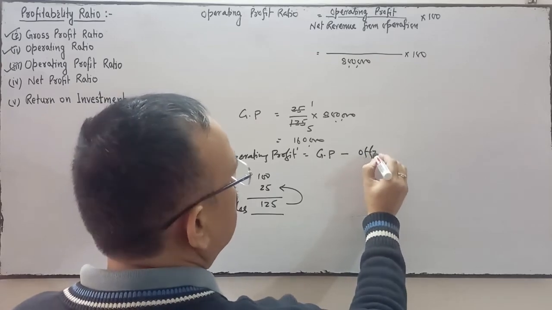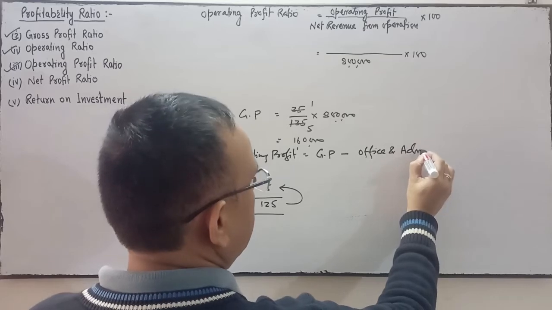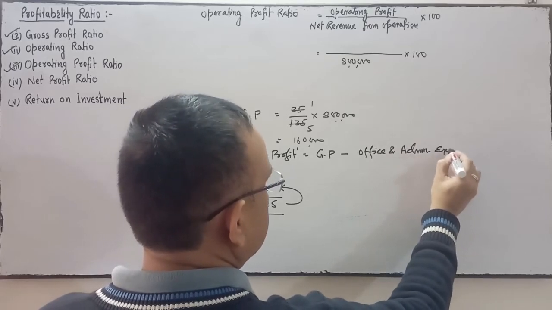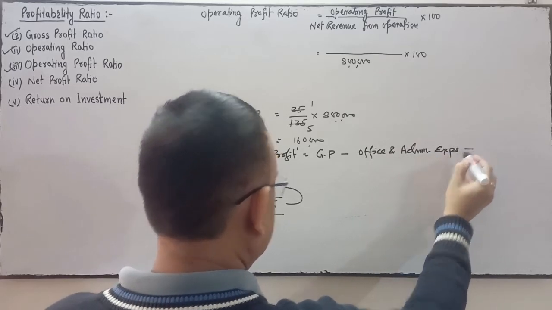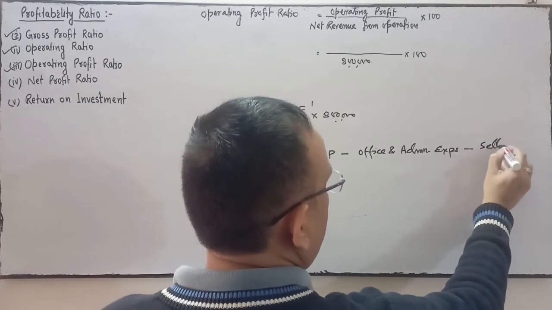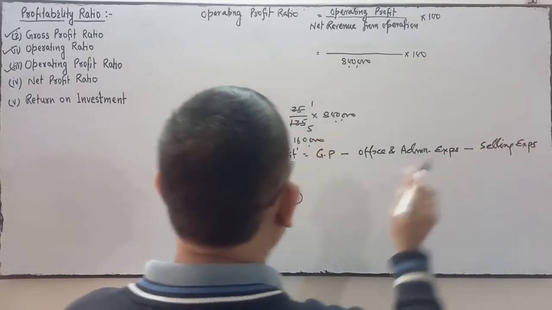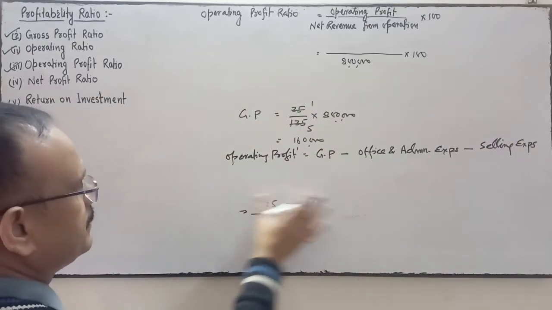So operating expenses is office and administrative expenses minus another operating expense, selling expenses.